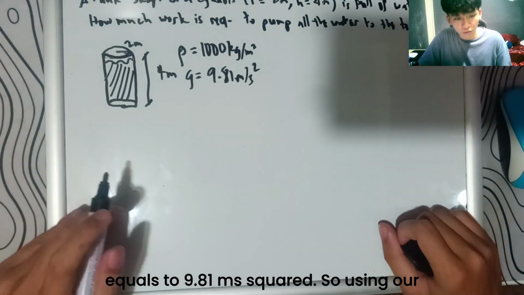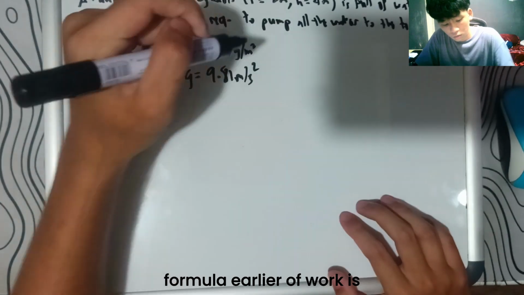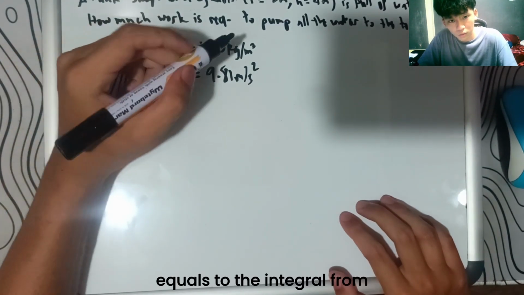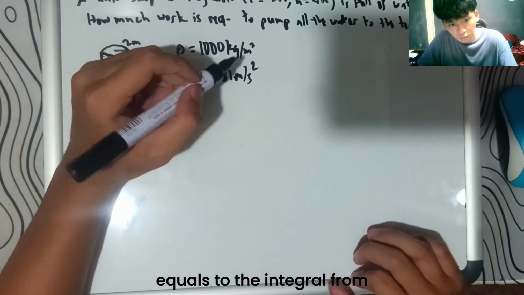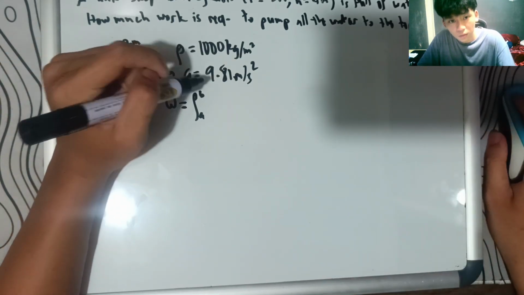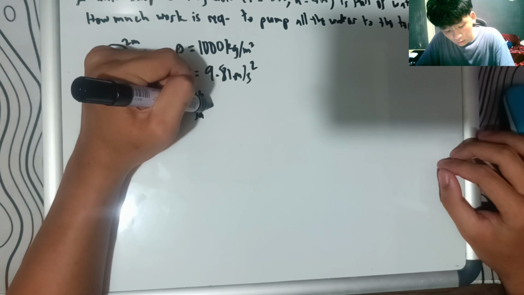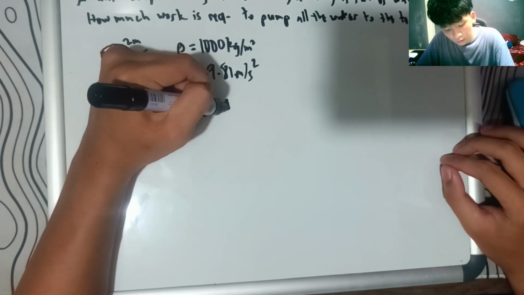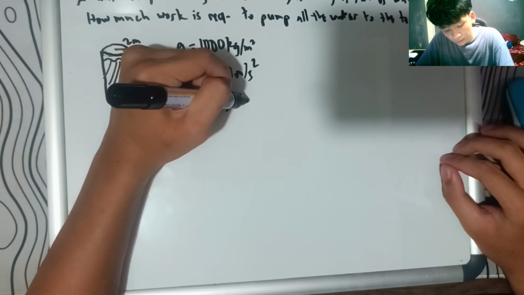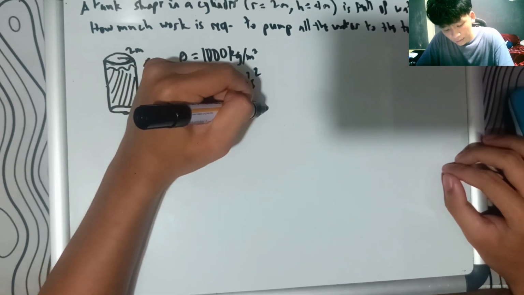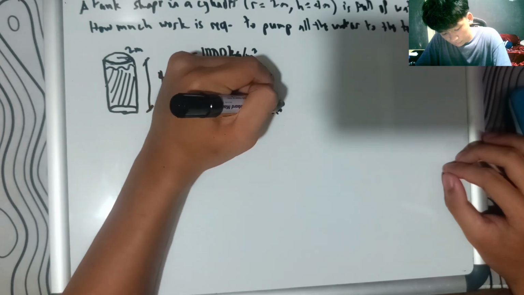So using our formula earlier, work is equal to the integral from a to b of density times gravity times the area and the distance dy.